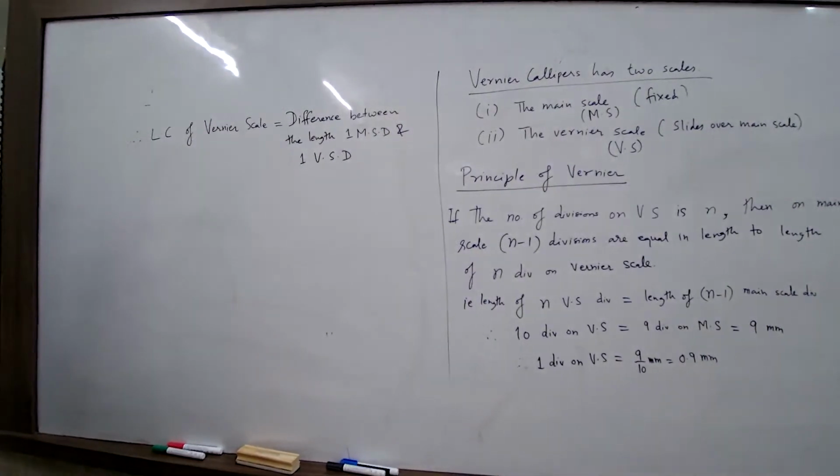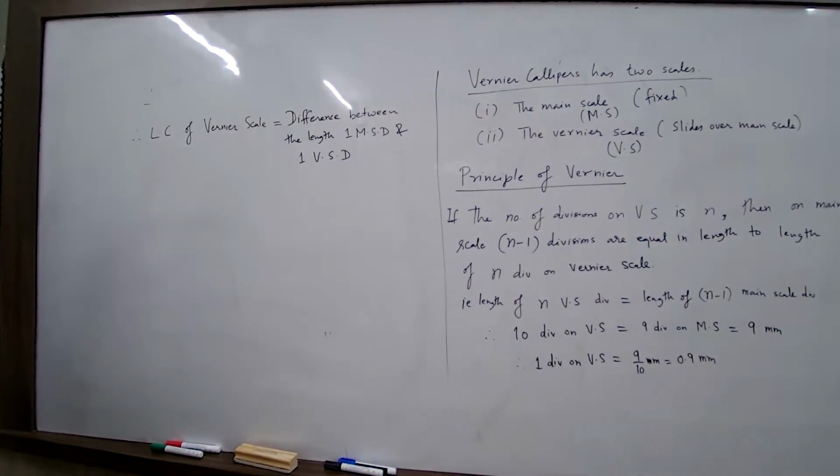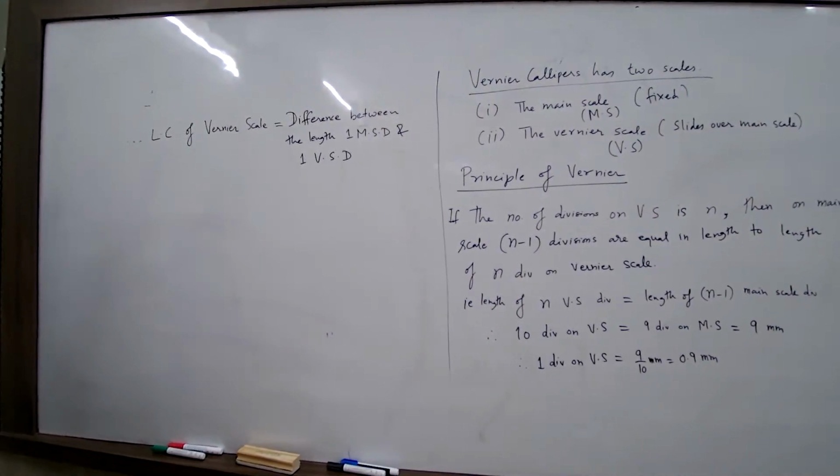MSD means main scale division and VSD means vernier scale division. Understood?